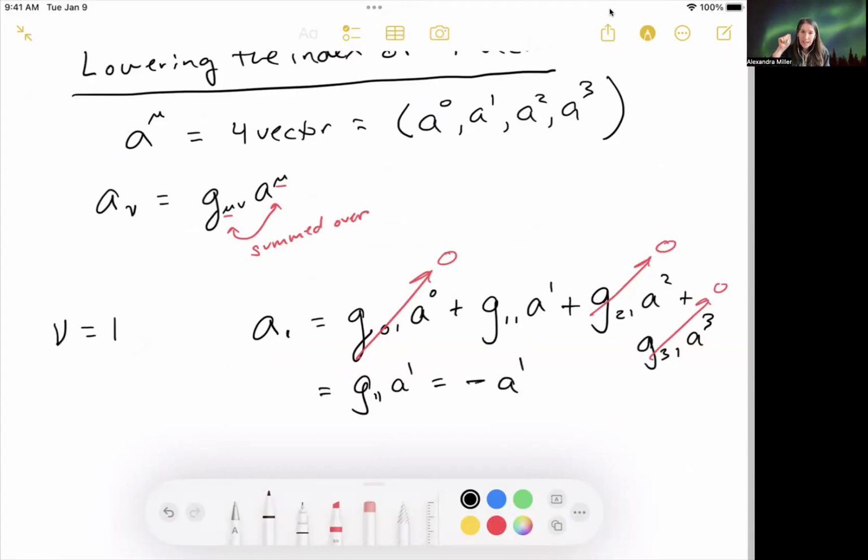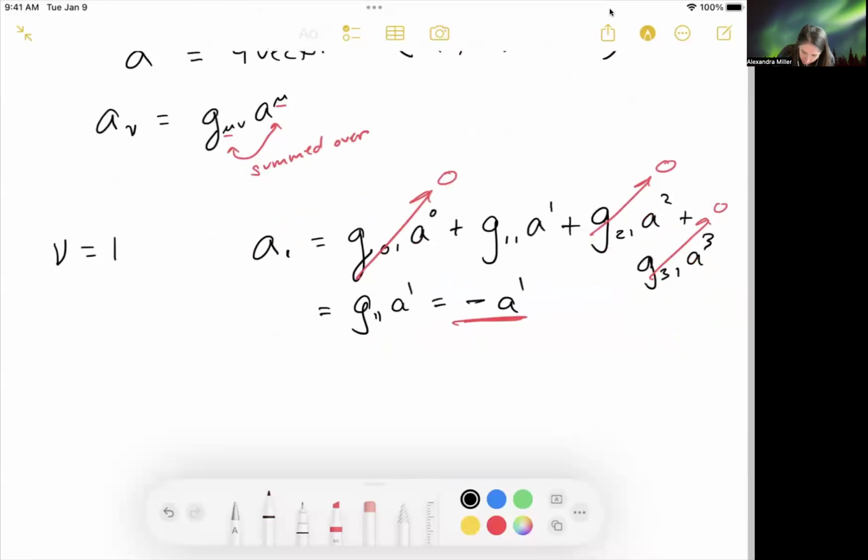So here we're seeing we get that key minus sign that we want when we're dealing with the downstairs version of our vector. And I encourage you to do this same calculation for our time component, and then at least do it for 2, just to really see. And if you really want to bring it home, for 3.